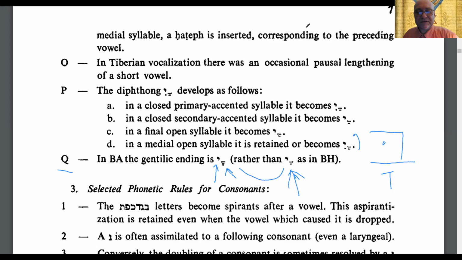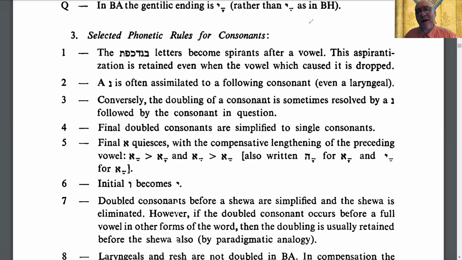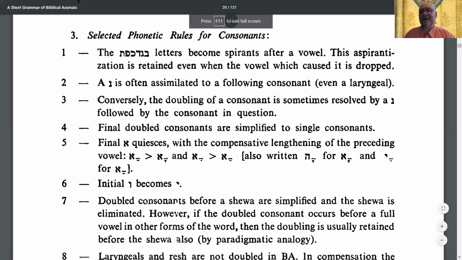So it looks like the E sound kind of changes over to kind of an ah sound. All right, Biblical Aramaic. I'm probably not going to remember half these rules, but I'm going through them for the sake of it, because maybe something will stick as I go through further.